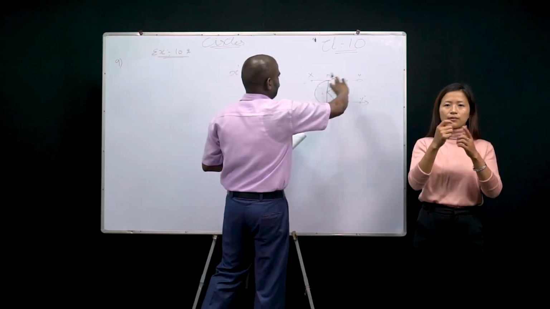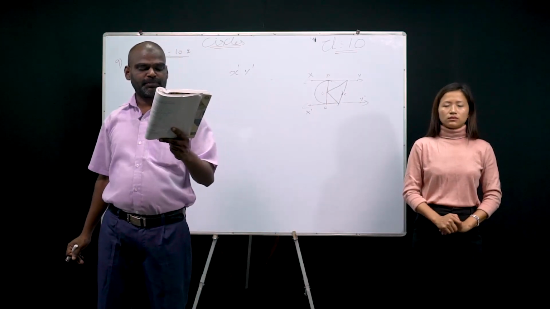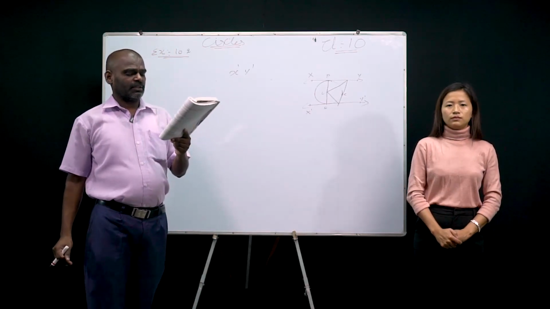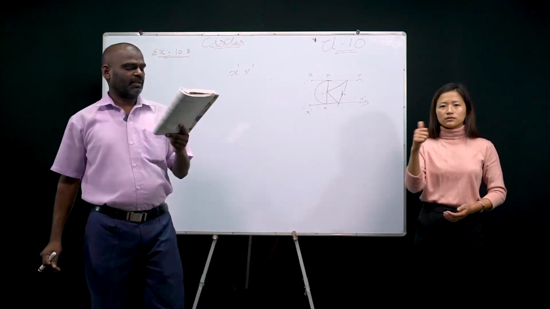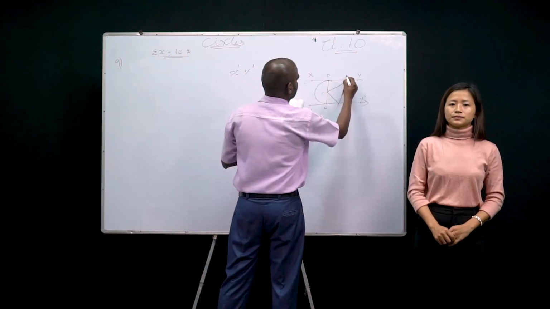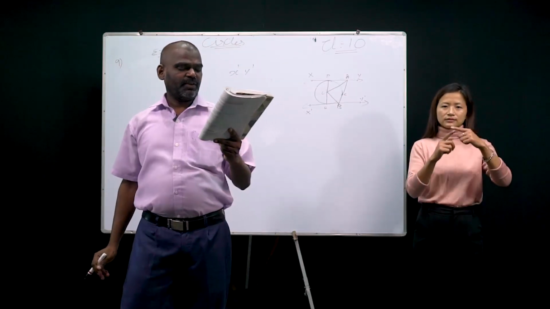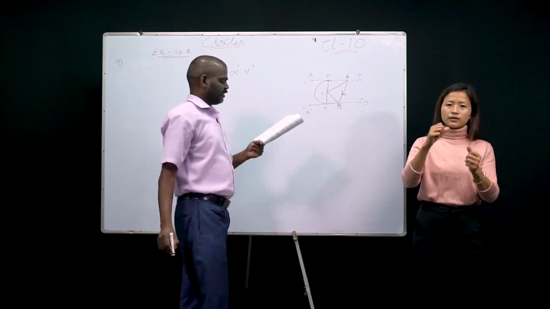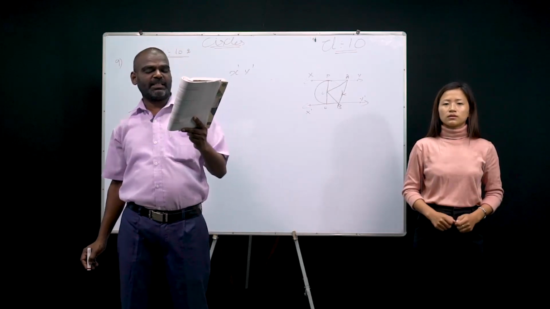These lines are parallel tangents to a circle with the center O. Another tangent AB, with the point C touching the circle at C, intersecting XY at A and X dash Y dash at B.